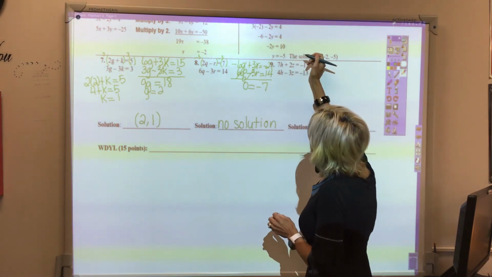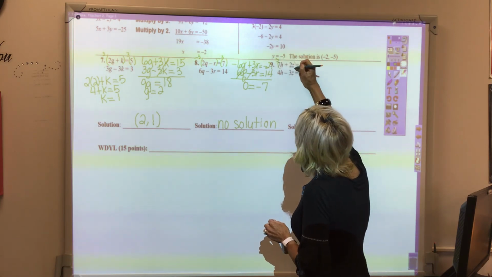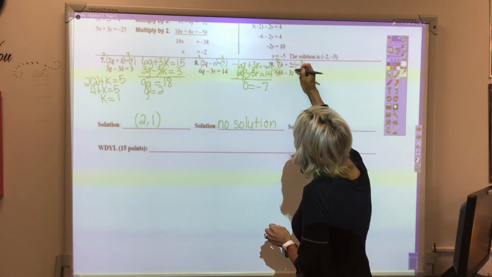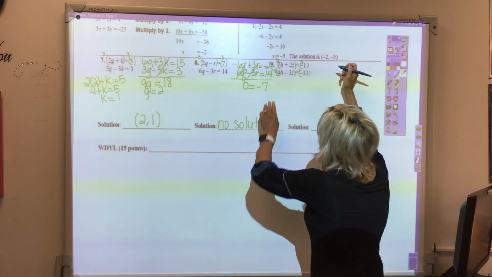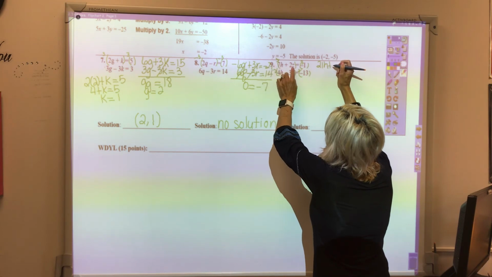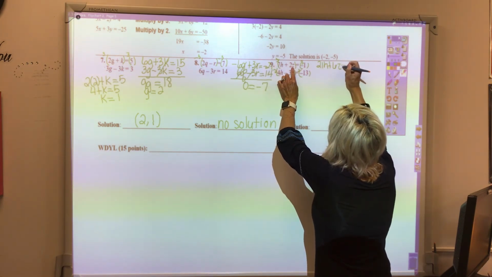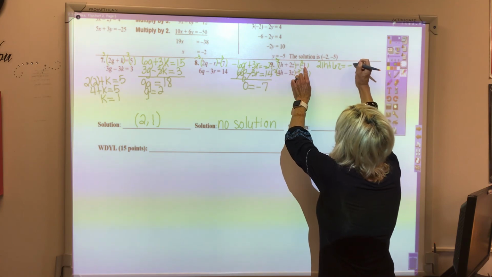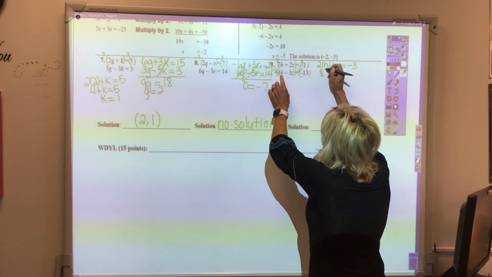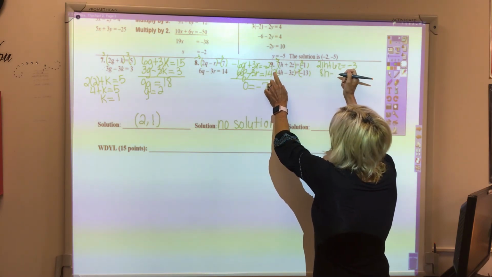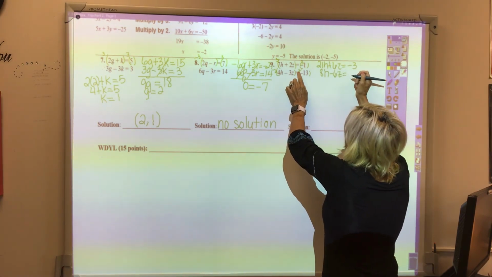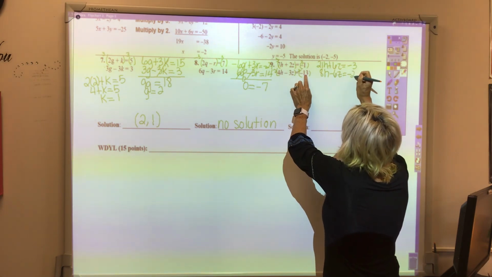So the top equation by 3, the bottom equation by 2, 3 times 7 would be 21h, plus 3 times 2z would be 6z, equals 3 times negative 1, which is negative 3. 2 times 4h would be 8h, minus 2 times 3z would give me 6z, equals 2 times negative 13, which is negative 26.